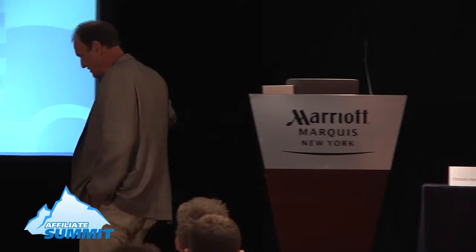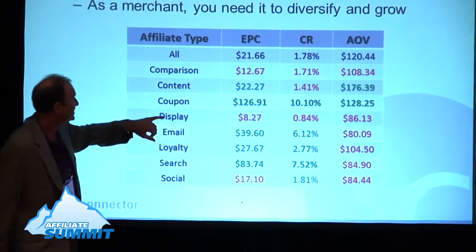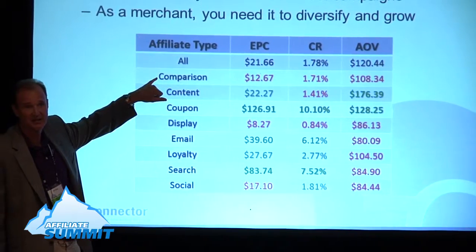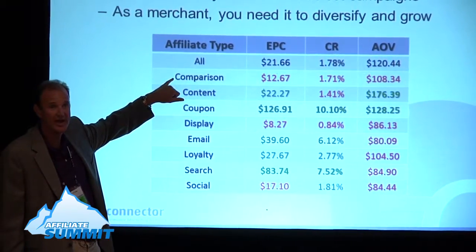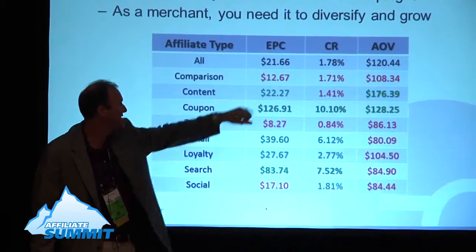but a different stance on that is if I'm looking to diversify my affiliate marketing campaign, I need to understand this metric across the various channels to know there is a reason that I don't have a lot of shopping comparison affiliates. Why don't I have a lot of shopping comparison affiliates? What can I do to motivate these guys?